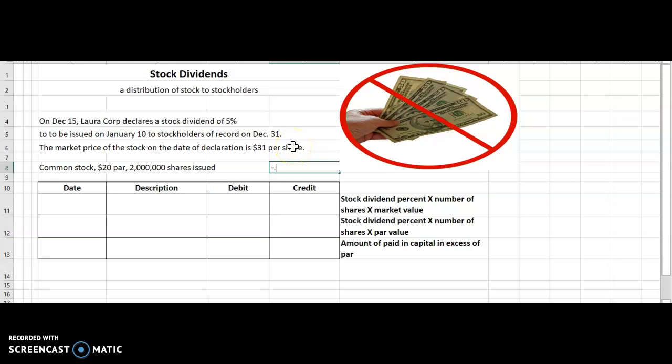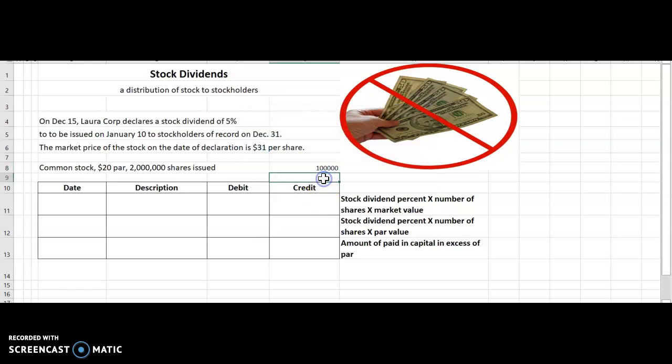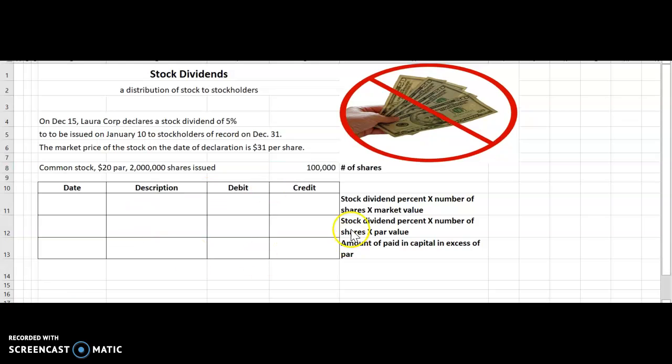So that would be 0.05 times your 2 million, and that would equal 100,000 shares.